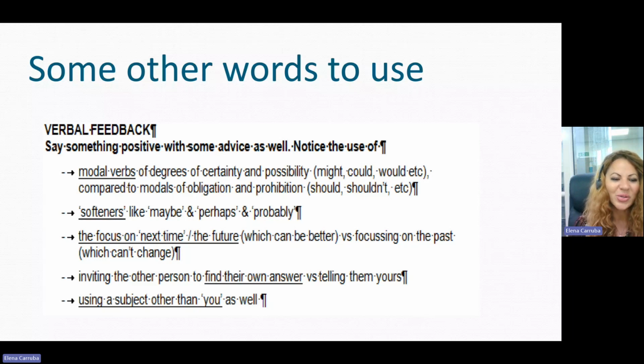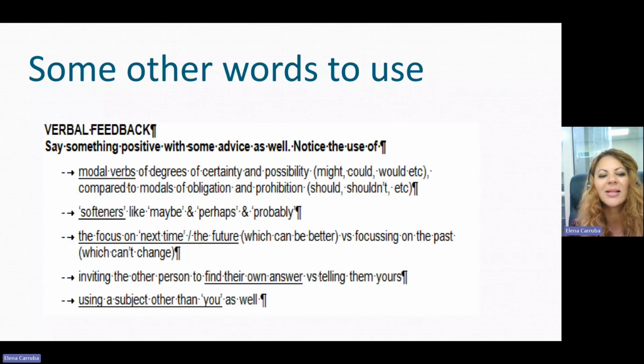Softeners like maybe, perhaps, probably. So next time you may consider this and this. Perhaps it's the best way to, or a better way, or another way, alternative way to. Probably the point could be clearer if we consider this and this.